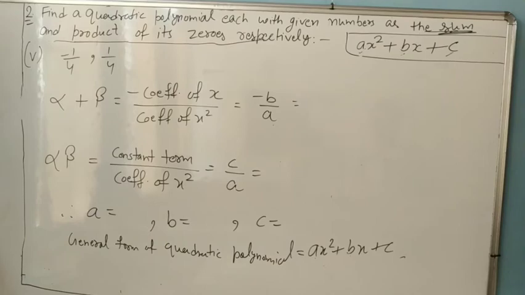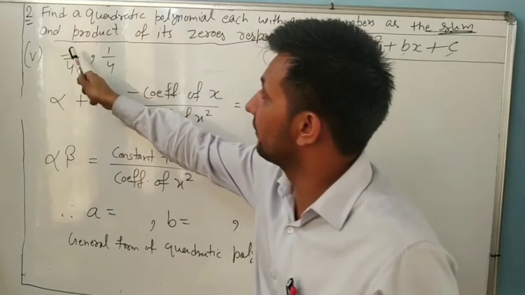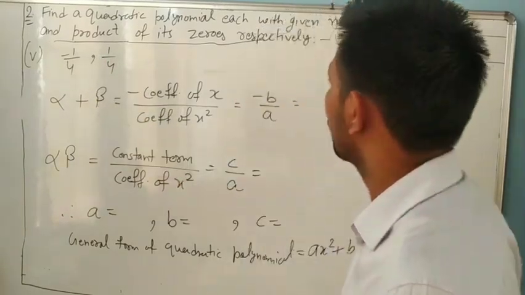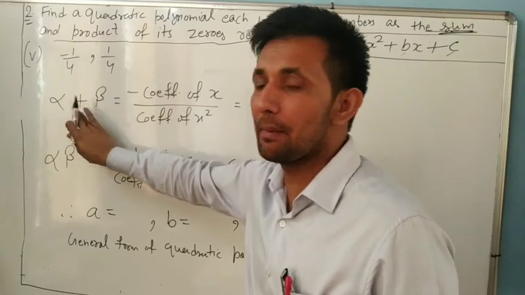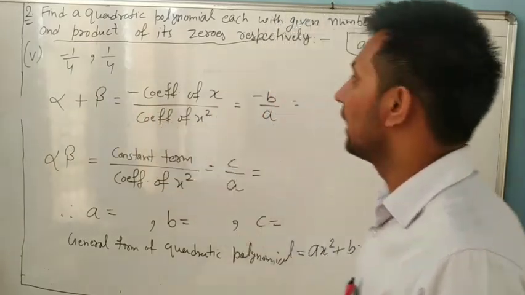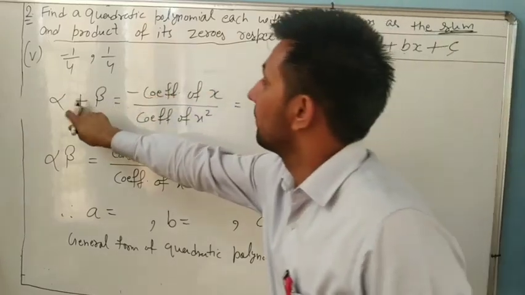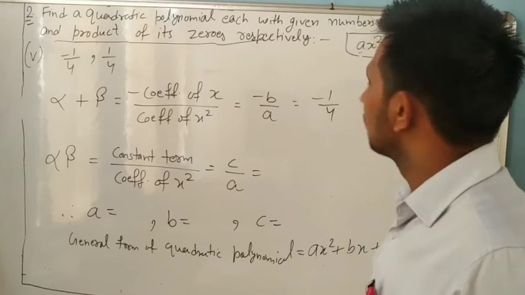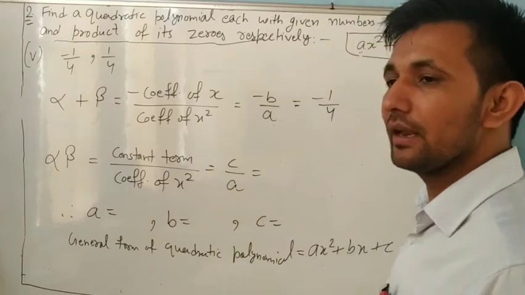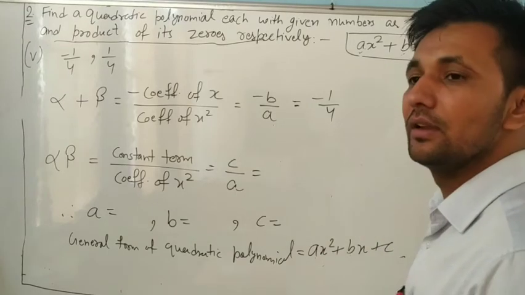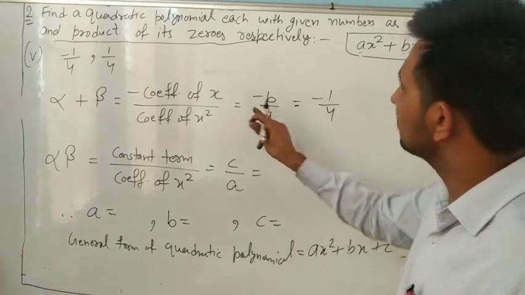Now, the fifth part of the second question. The sum is minus 1 by 4 and the product is 1 by 4. Everyone knows alpha plus beta is minus b by a, and the sum is minus 1 upon 4. So the value of a is 4, and b is 1 because of the minus sign.